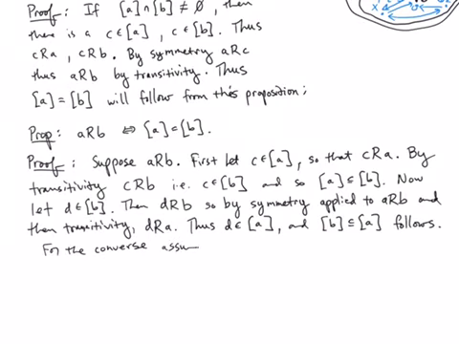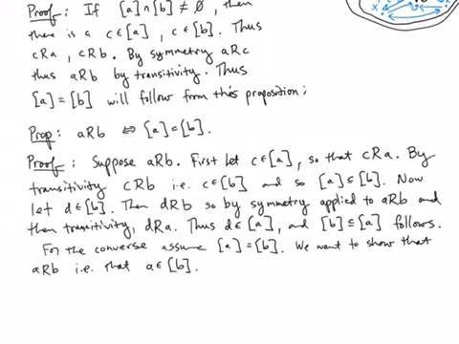Assume that the equivalence class of A equals the equivalence class of B. Well, we want to say that A is related to B, which is just to say that A is in the equivalence class of B. So we want to show that A is related to B, i.e. that A is in the equivalence class of B. But the equivalence class of A equals the equivalence class of B, right?